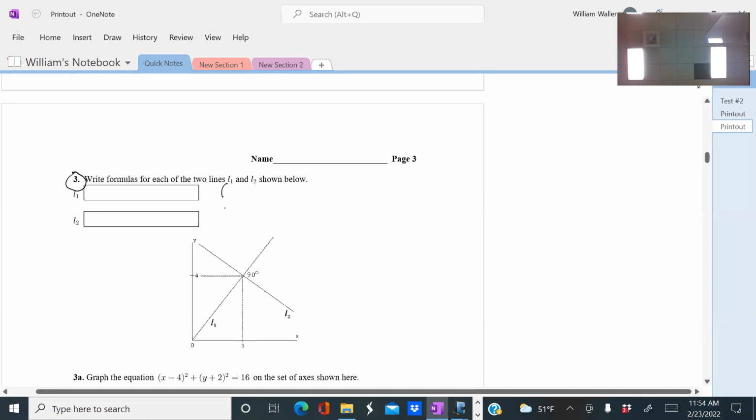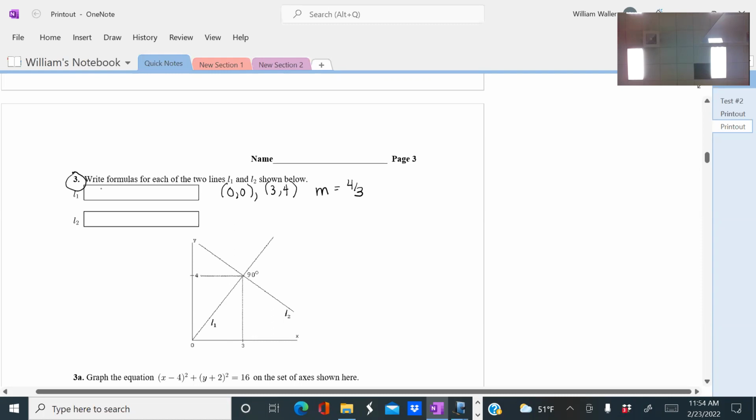Yeah, it goes through the origin, so you know the coordinates of that point are 0, 0. And what did the coordinates of this point have to be? 3, 4, right, because this distance is 3, this distance is 4. And so now it's very easy to calculate the slope. What does that come out to be? 4/3. I'm going to write it down: 4 minus 0 over 3 minus 0.